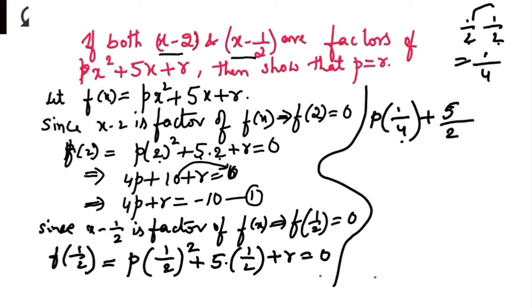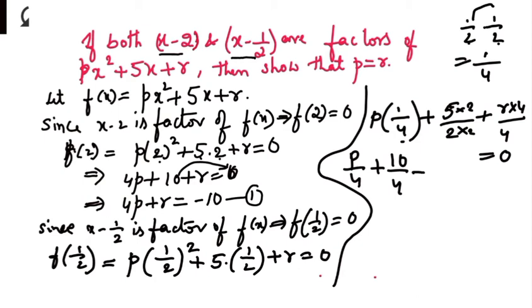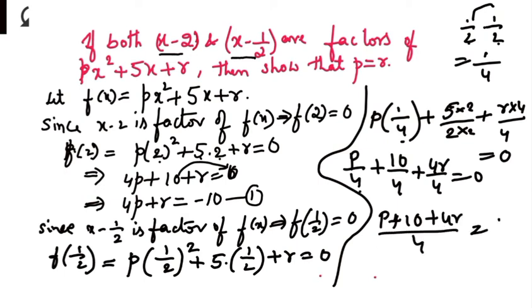If you observe, here there is denominator 4. If I multiply 5 by 2 with 2, the denominator becomes 4. And for r also, if I multiply with 4, the denominator becomes 4. Now see what it becomes: p by 4 plus 5 twos are 10 by 4 plus 4 into r, that is 4r by 4, is equal to 0. 4 is common, so p plus 10 plus 4r by 4 is equal to 0.